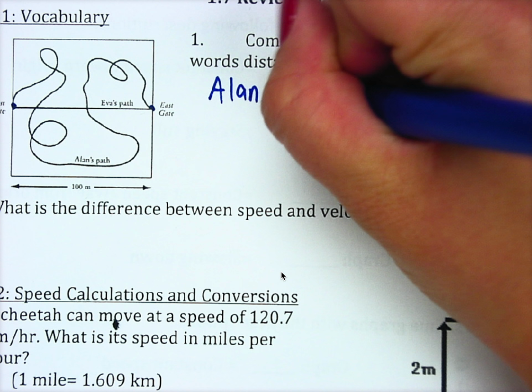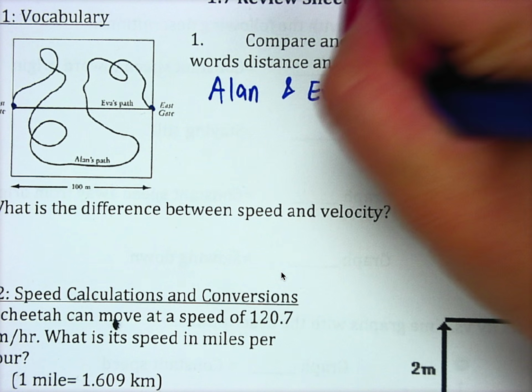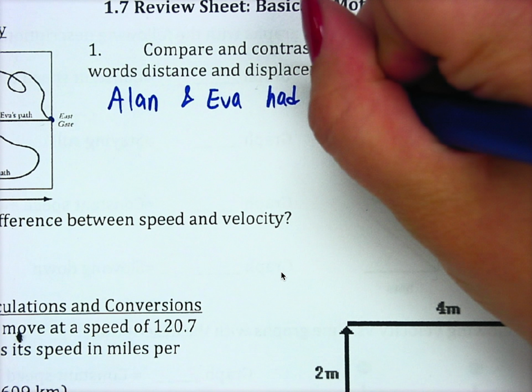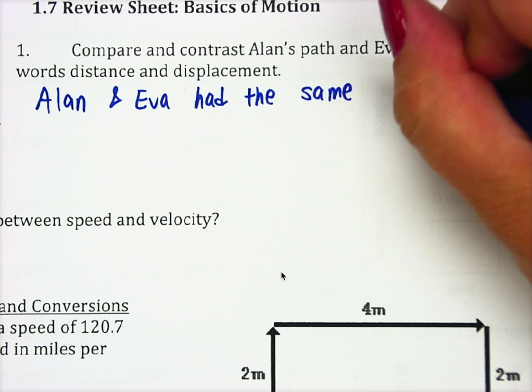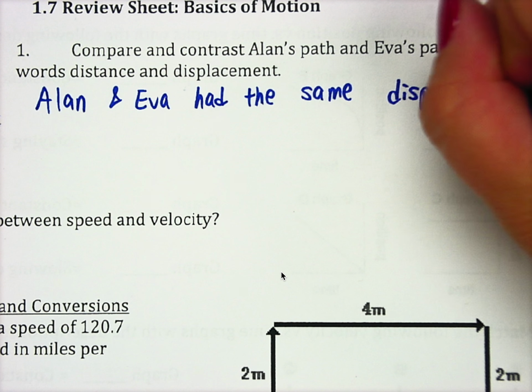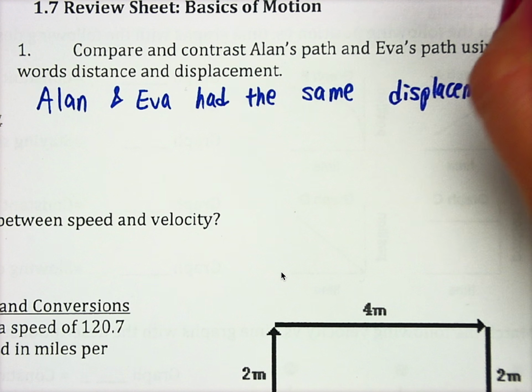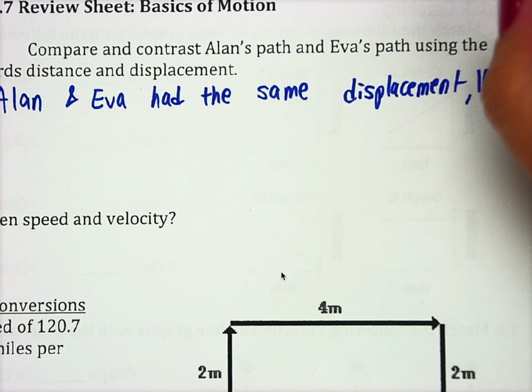So Alan and Ava had the same displacement, which was 100 meters.